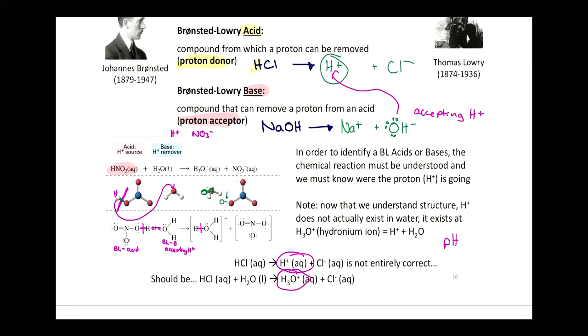H plus doesn't exist, so we can't calculate the H plus concentration. Instead of pH, it should be pH3O. But again, we're lazy. pH is sufficient as long as you know that H plus doesn't necessarily exist. It's always attached to a water molecule.